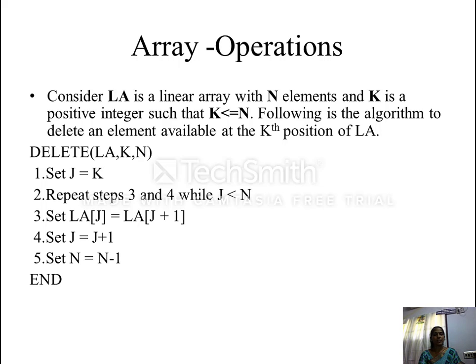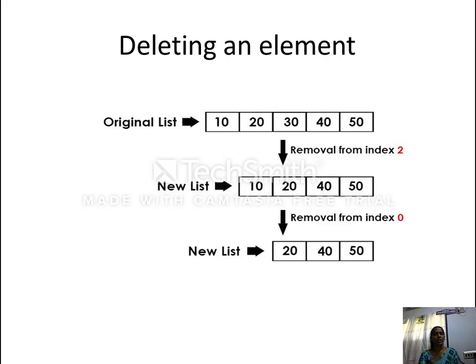So it is explained in this example. So we have 5 values: 10, 20, 30, 40 and 50. To remove the value at index 2, we are going to shift the values on the right hand side to the left hand side.